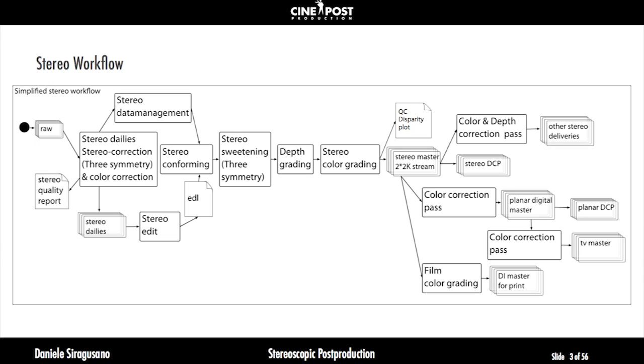We will follow the material that was shot on set through the process of dailies and what we're doing during shooting, what a quality report is, and then how the stereo dailies go into the stereo edit and what we're doing there, and how it comes back to the post-production facility, what you need to do a reconform on the original raw data.